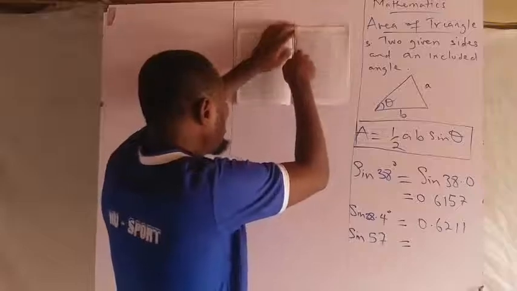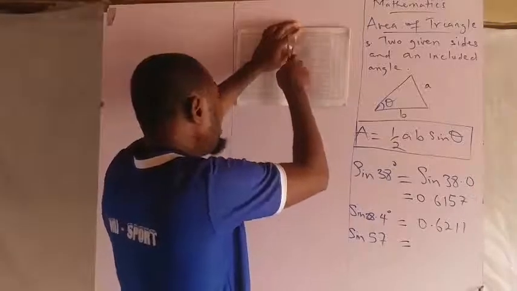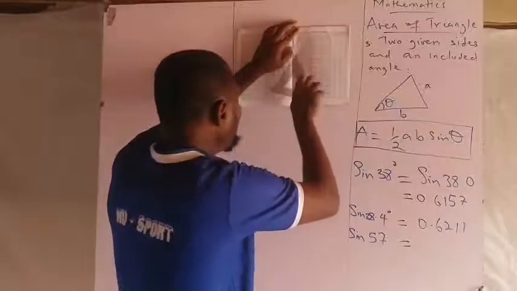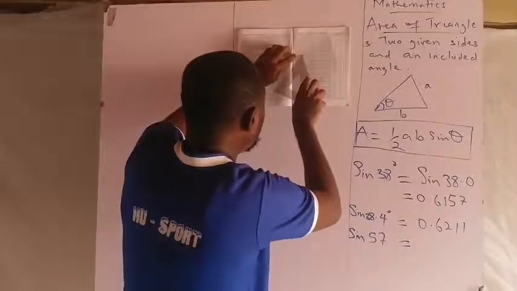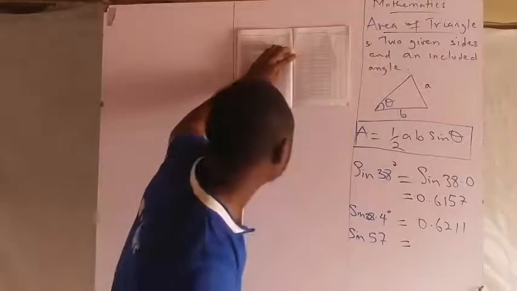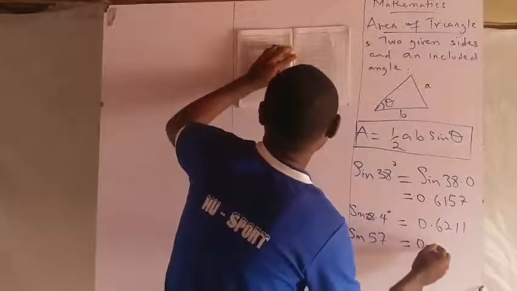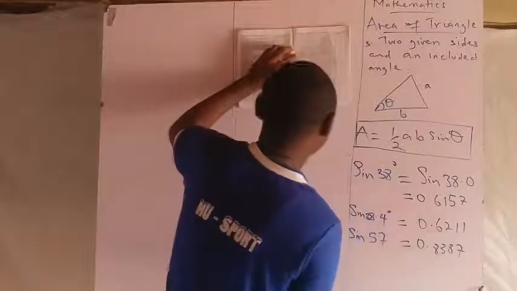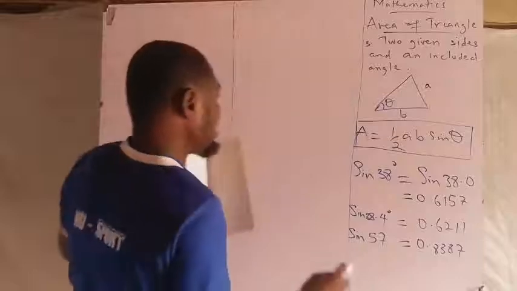So I'm looking for 57. I'll go to where I have 45 continuing to 89, carefully trace down and see my 57. Good. Now check 57 under 0. That will be 0.8387.